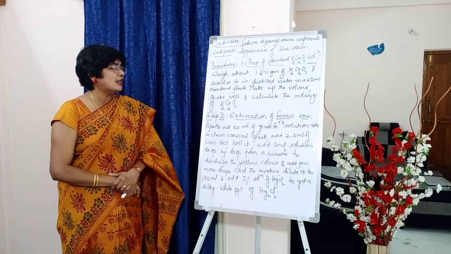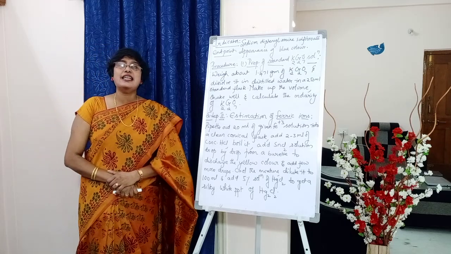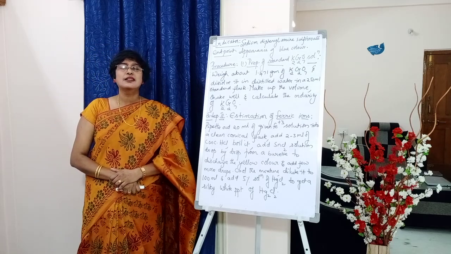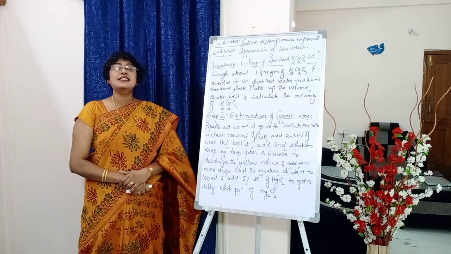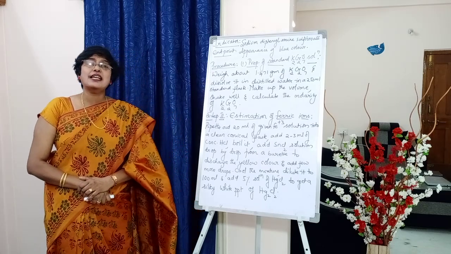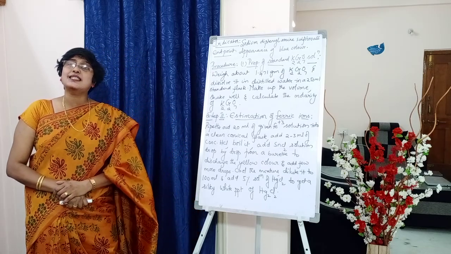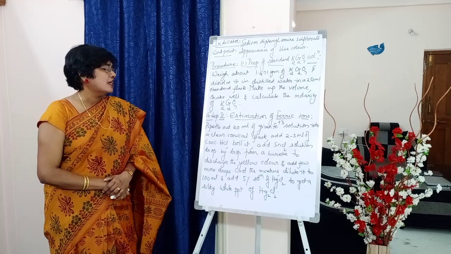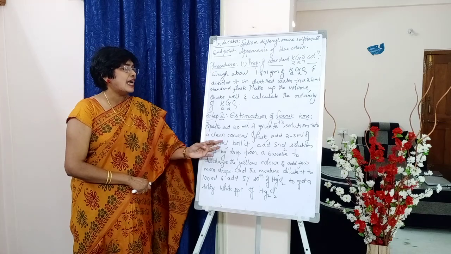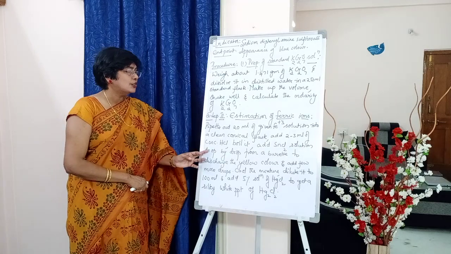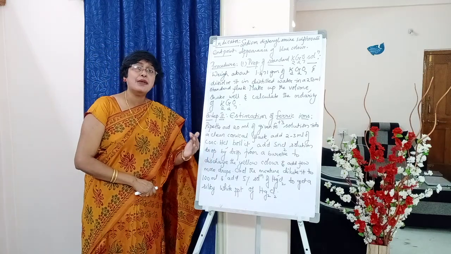Boil it, comma, add SnCl2 solution. We have learned in the principle that ferric ions get reduced to ferrous by SnCl2. So here add SnCl2 solution drop by drop from a burette.